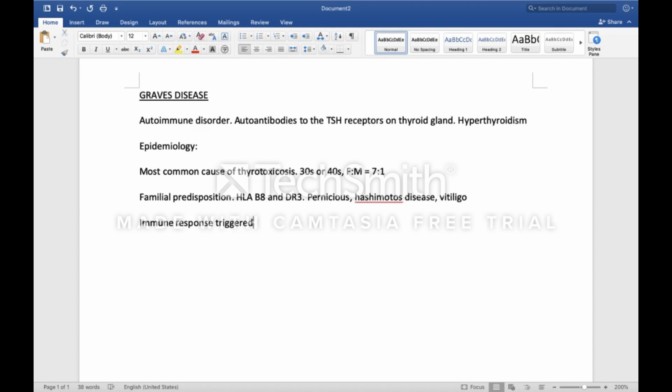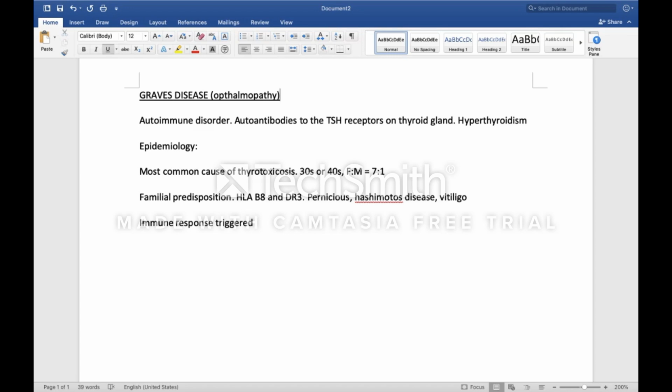Graves' disease does cause hyperthyroidism, but one special thing is that Graves' disease always affects the eyes, or it causes ophthalmopathy. Graves' disease patients have a typical look, which I'm going to tell you about in a while.